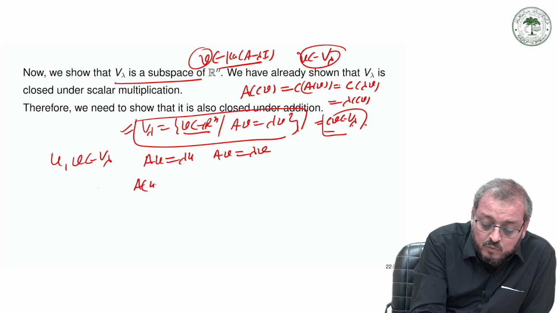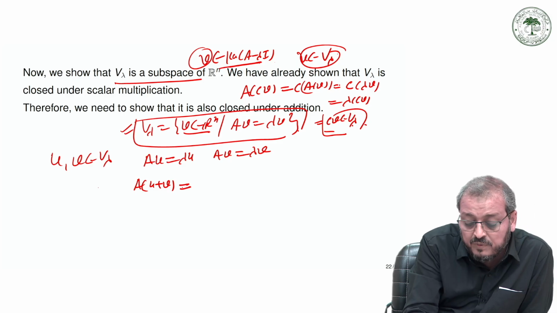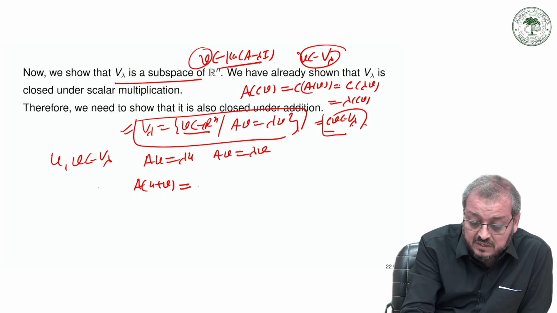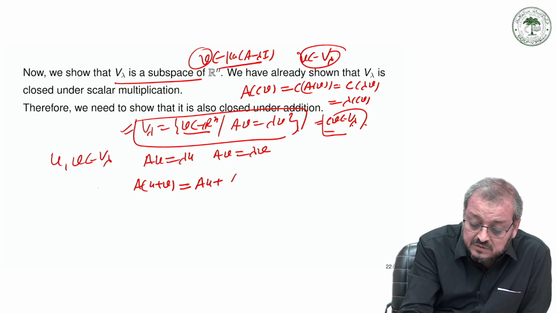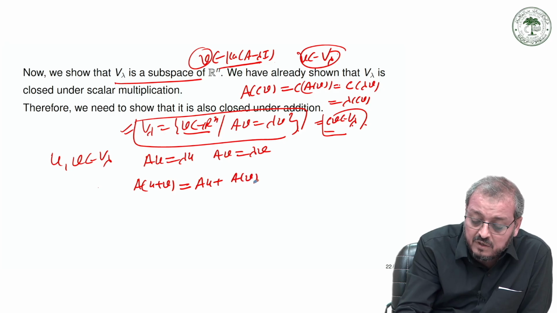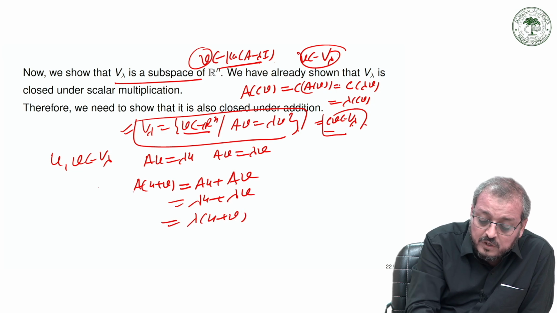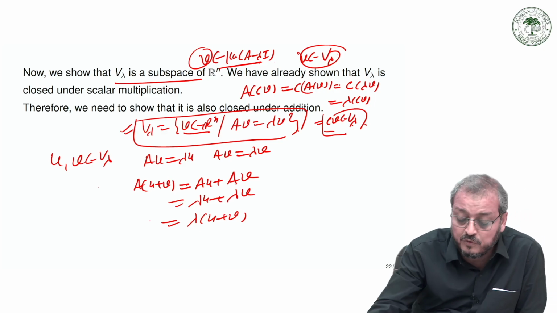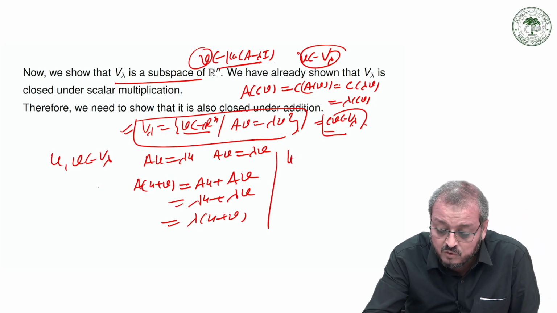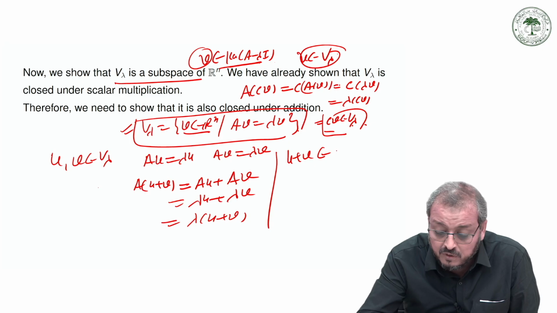A times u plus v, by the property of matrix addition, is A u plus A v. Now A u is lambda u and A v is lambda v, so this can be written as lambda times u plus v. So A of u plus v is equal to lambda times u plus v, and u plus v is a member of V lambda.